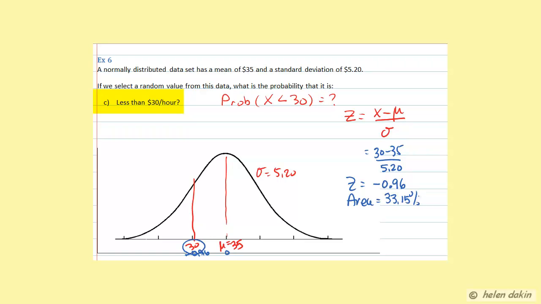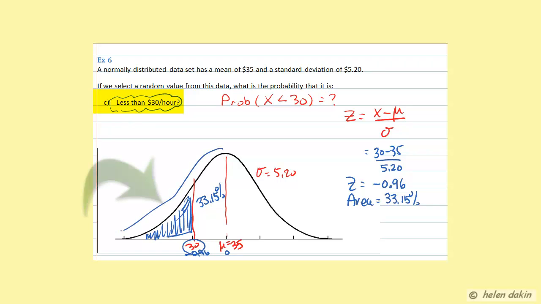33.15%. So that means that the area between the 30 and the 35, or between 0 and negative 0.96, is 33.15%. So what area am I looking for? I'm looking for the area that's less than $30 per hour. In other words, I'm looking for this area that I've got shaded right here. That area, of course, corresponds to 50% of the area take away the 33.15%.